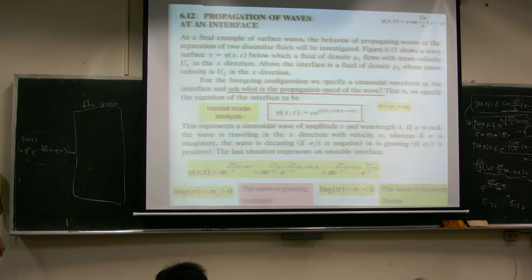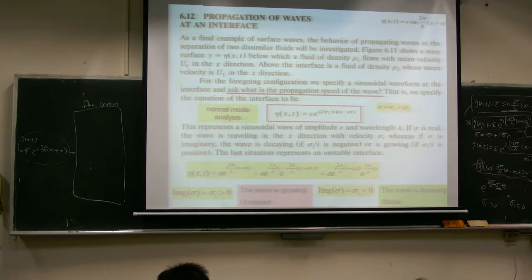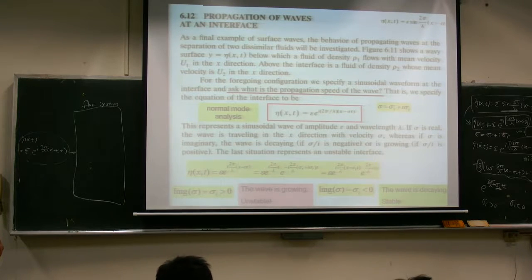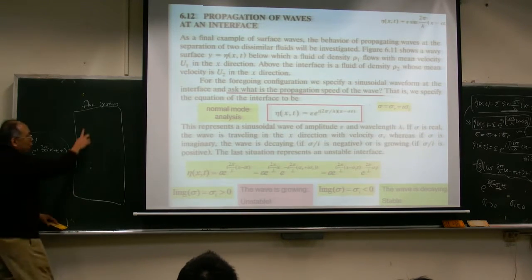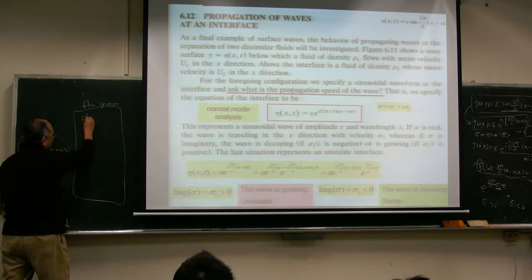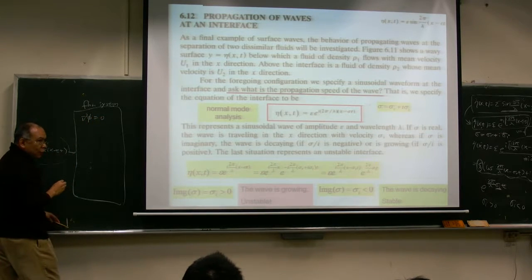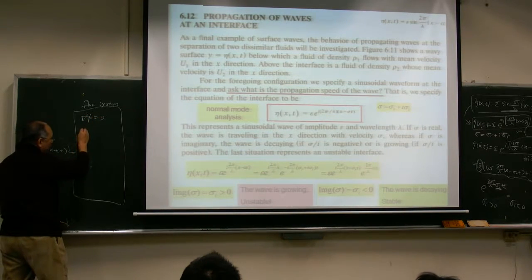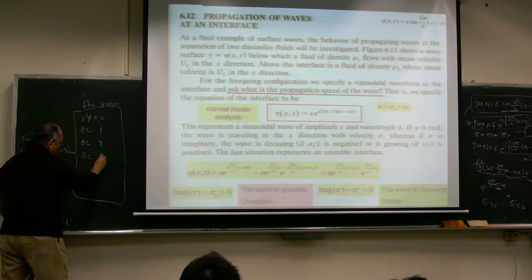Okay? When I say into the flow system, mathematically what does it mean? I have to satisfy, for this flow system, if I assume the governing equation is the Laplace equation, all kinds of boundary conditions, right? Boundary condition 1, boundary condition 2, boundary condition 3.